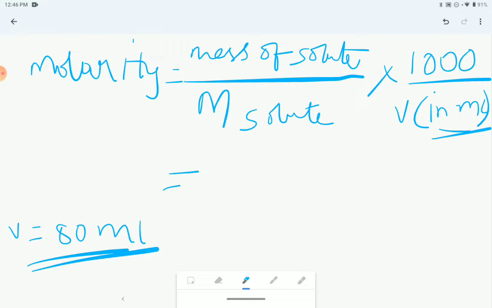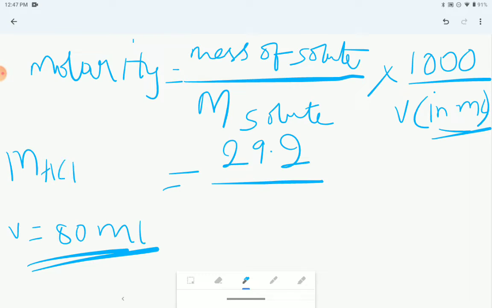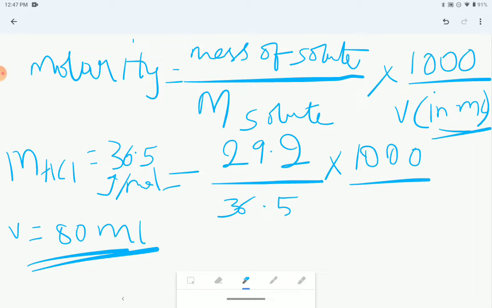Now mass of solute, which was given, 29.2 grams, by molar mass of HCl, which is 36.5 gram per mole. Now 36.5 into 1000 by 80 milliliters, the volume we found out.